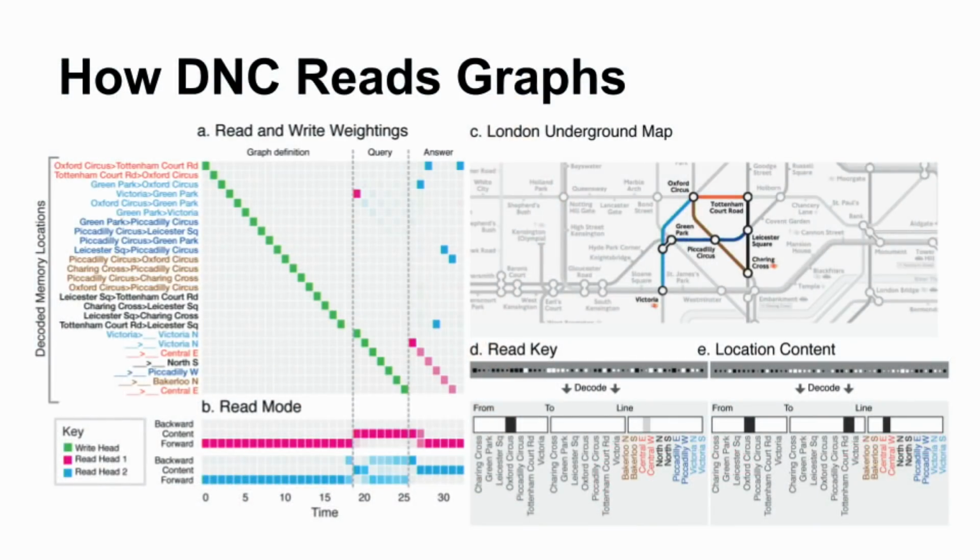There's only one thing in its memory that has start, destination, Victoria, and line Victoria North, and the complete triple gives you the destination as well. So this is another illustration of how powerful associative lookup can be. You can use it to fill in the gaps of your missing information, and it does that successively to solve this problem. Okay, so kind of running out of time now.